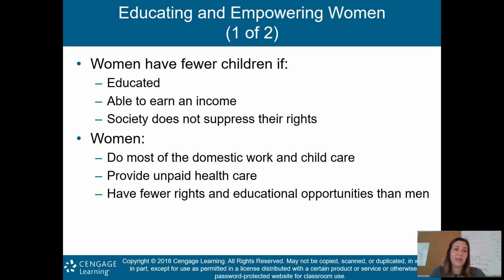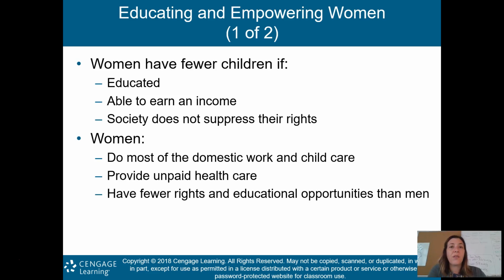Just some statistics that your book talks about. Only about 30% of girls in the world right now are enrolled in secondary education. In rural Africa, Latin America, and Asia, women do 60 to 80% of the work associated with growing food for their family or their village.